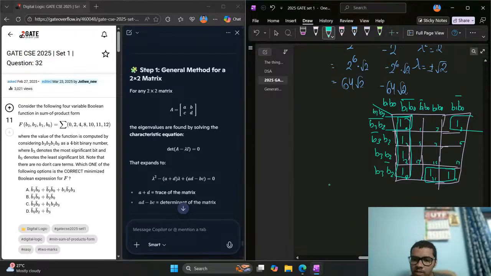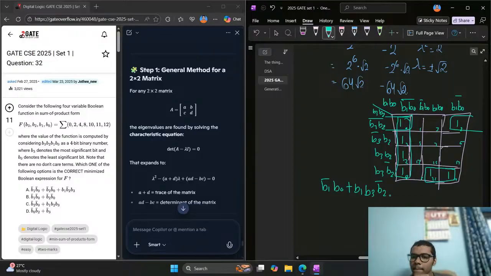So if you look at this, everything gets cancelled. B1 bar, B0. We already got the term, did we not? A is the answer. Let's see. And here B bar not cancels out B1. B1, B3, B2 bar. B1, B2 bar, B3. That's correct. Got the answer.